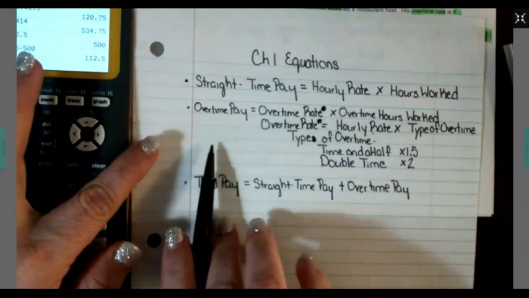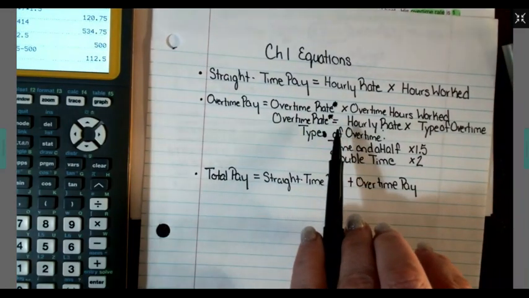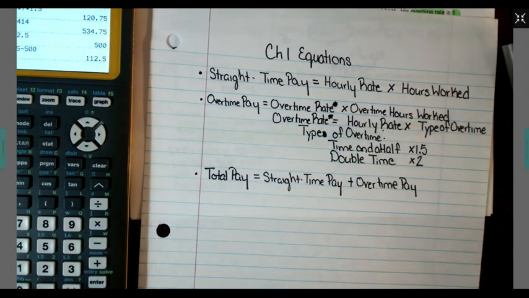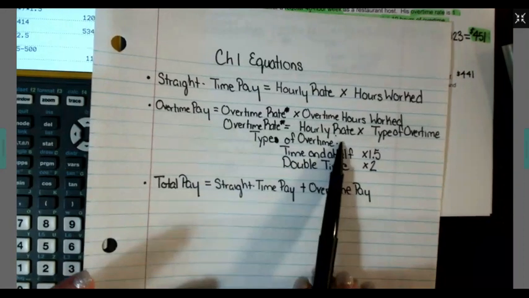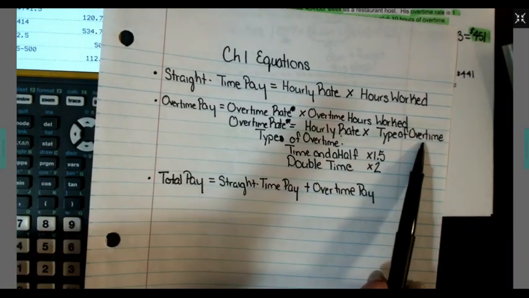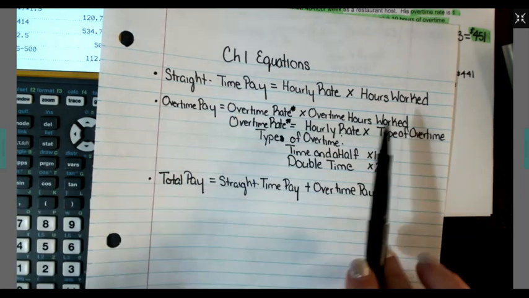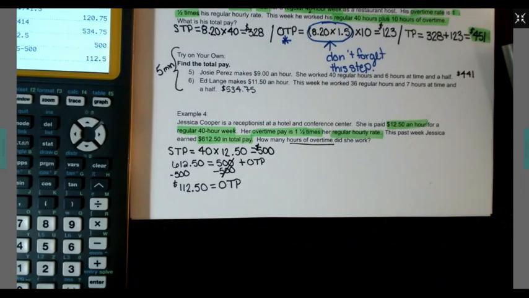Well, let's find out how to get her overtime pay. Her overtime pay is equal to the overtime rate, which is the hourly rate times the type of overtime, times the hours worked. Okay, I know the hourly rate. I know what kind of overtime she's earning, and I know the overtime pay. I'm looking for those overtime hours.